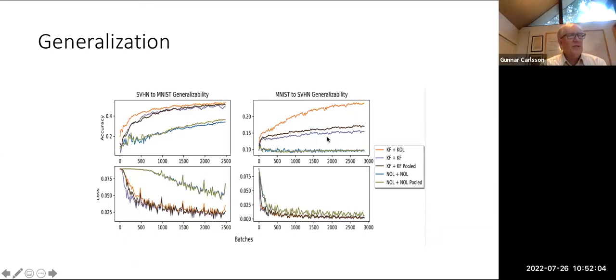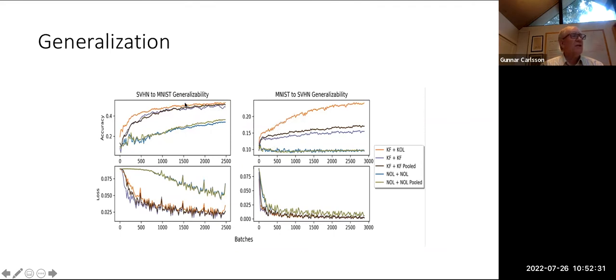Similarly, if you remember, we talked about the generalization from one data set to another. So here, this is again SVHN to MNIST, and MNIST to SVHN. These two down here are the ordinary neural nets. These up here are the Klein features, several different formulations and variants of those.